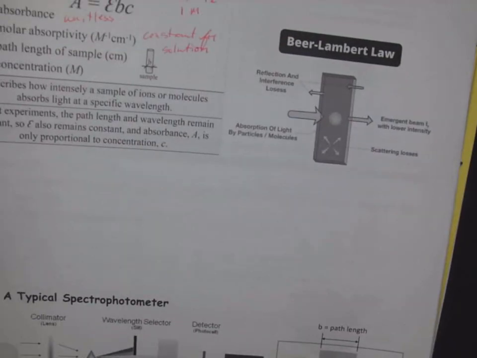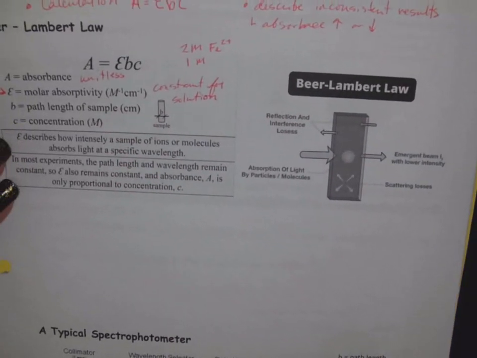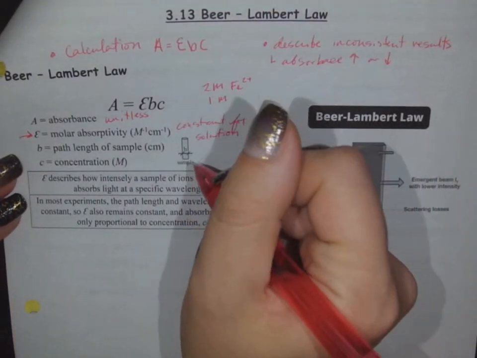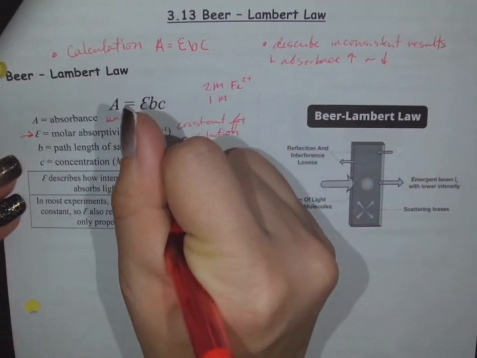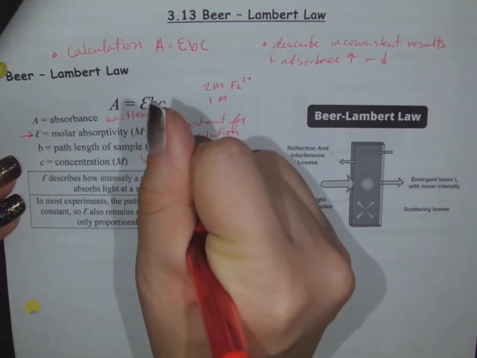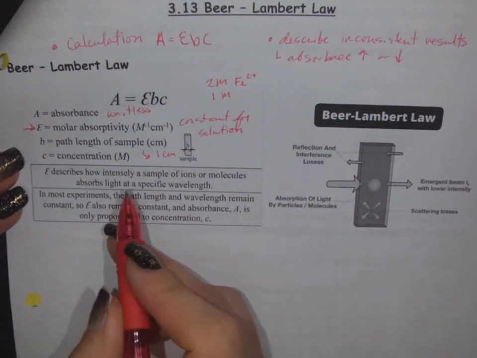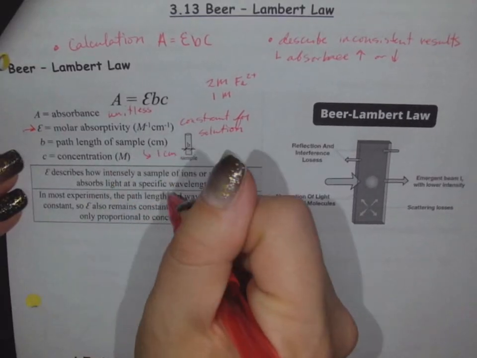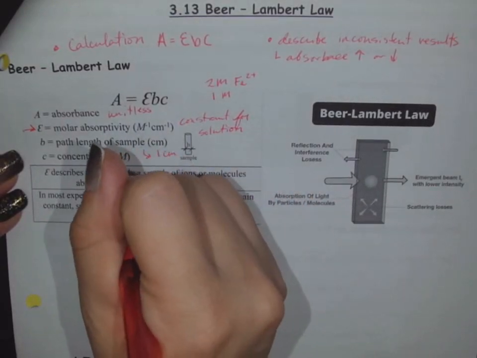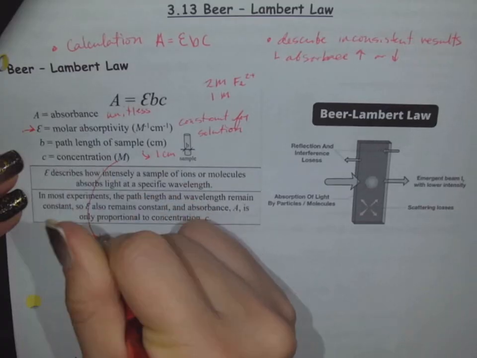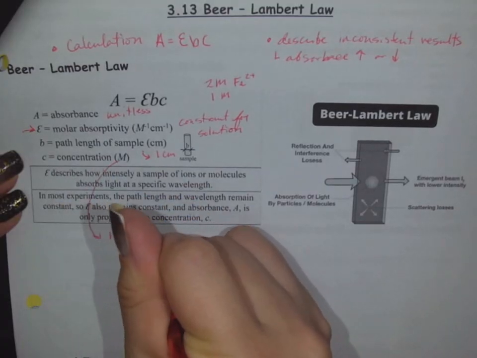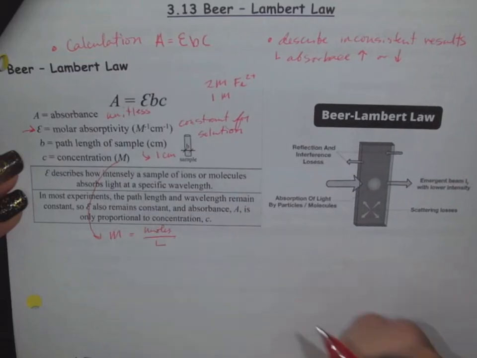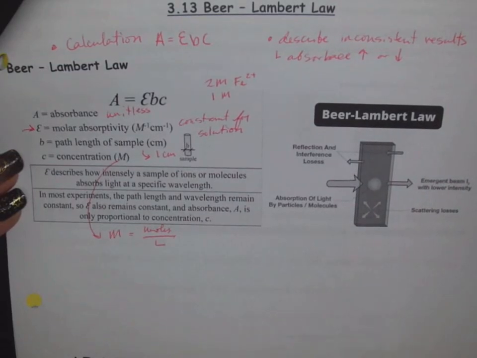If on the AP Chem test it doesn't tell you the path length, this is so common that you can assume the path length is 1 centimeter. And then we know what concentration is. We know concentration is measured in molarity, and this molarity is the same as the amount of moles per liter of solution. Moles per liter. Great.